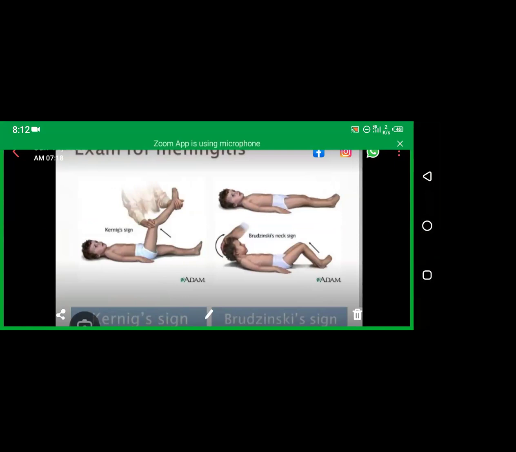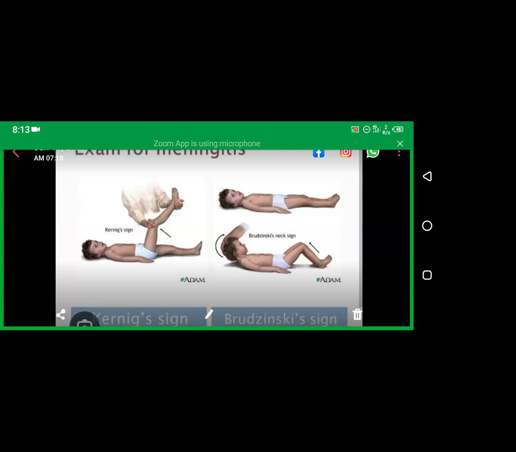So we said the first thing we're going to do in nervous system examination is the level of consciousness. We are done with level of consciousness. To ascertain if the patient is conscious or not, we check the GCS. We have done that. We have covered the meningeal signs. We said there are three of them: neck stiffness, Brzezinski sign, and Koenig sign.